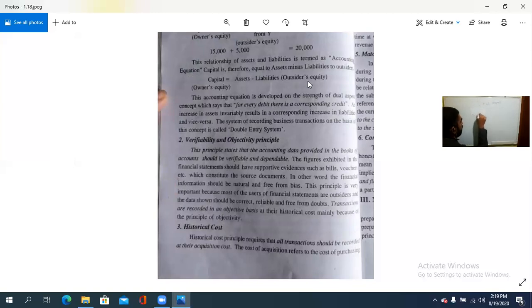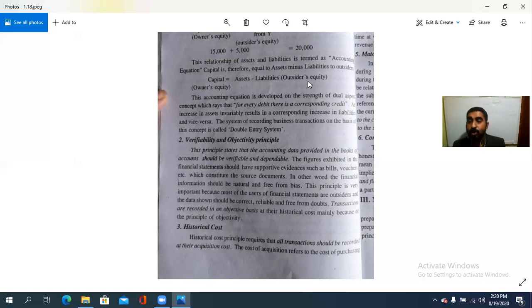Rendavathathu verifiability means all the documents should be verifiable. That's the advantage. Verifiability and which one? Objectivity principle. So that is, the principle states that accounting data provided in the books of accounts shall be verifiable and dependable.